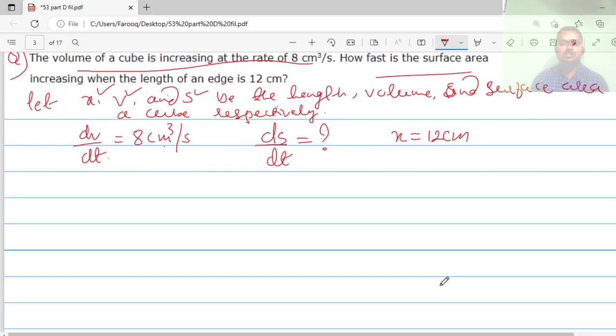So we know that the volume of the cube. Let us solve the problem.